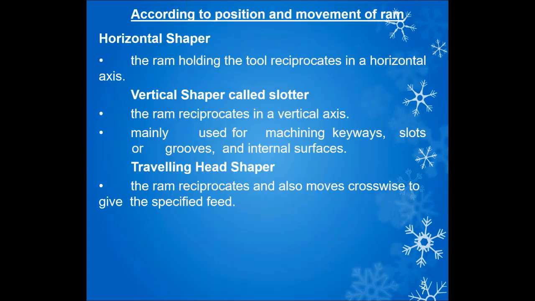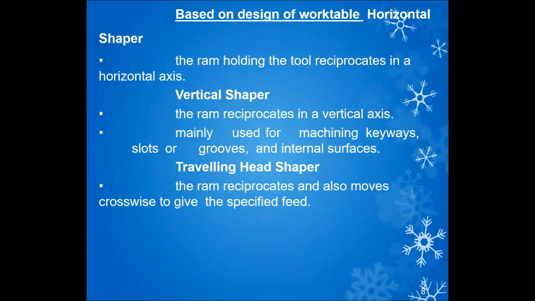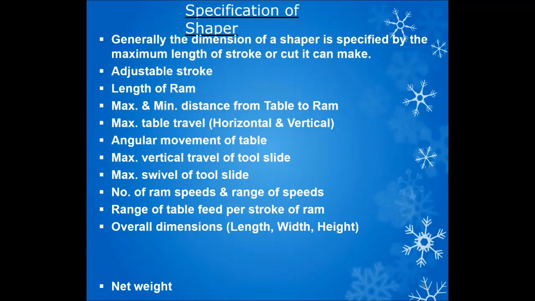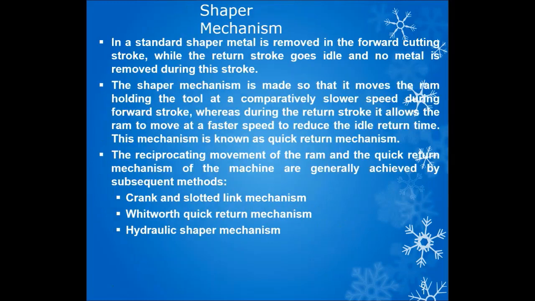In a horizontal shaper, the ram holding the tool reciprocates in the horizontal axis; in a vertical shaper, the ram reciprocates in the vertical axis. Standard shaper, universal shaper. Specifications are normally length of the job, length of the ram, and maximum and minimum diameter that we can fix.